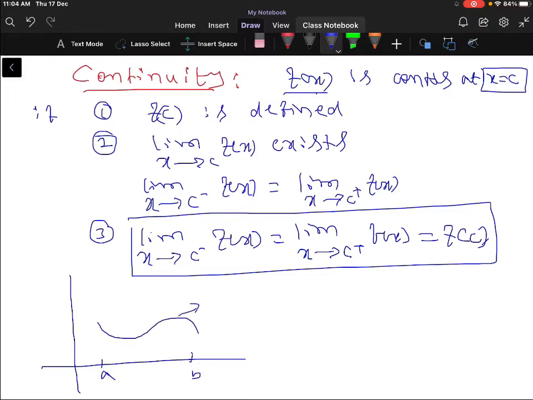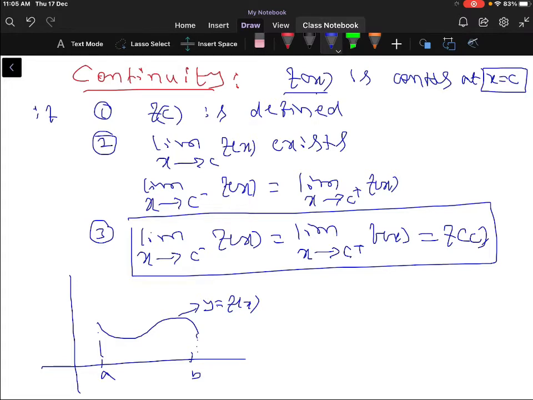This is y is equal to f of x. For this interval ab, the function is continuous. It means there is no gap for the given interval. The function is not discontinuous for the interval ab. It means we can draw the curve without lifting the pen. So therefore the function is continuous, if you want to say that graphically.